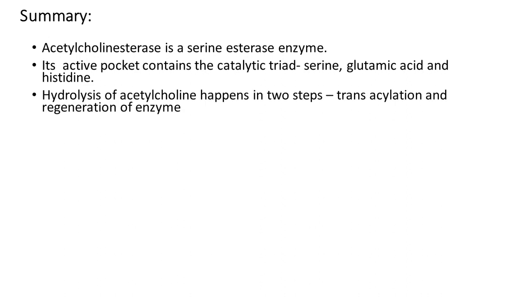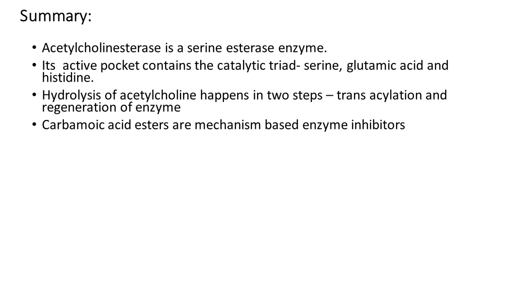Hydrolysis of acetylcholine happens in two steps. One is transacylation of the acetyl group onto serine, and then regeneration of the enzyme via hydrolysis of that ester bond. Next, carbamic acid esters are mechanism based enzyme inhibitors which form carbamic acid esters with serine.